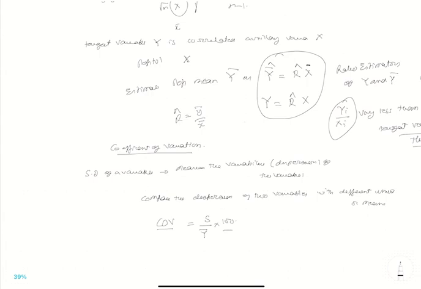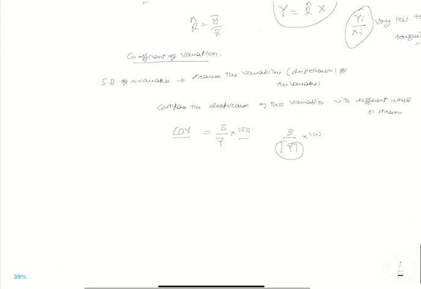And if the mean can be negative, then we just take its absolute value. So then it becomes s upon absolute y bar times 100, where this is the absolute value of y bar. So that's basically what the coefficient of variation is.